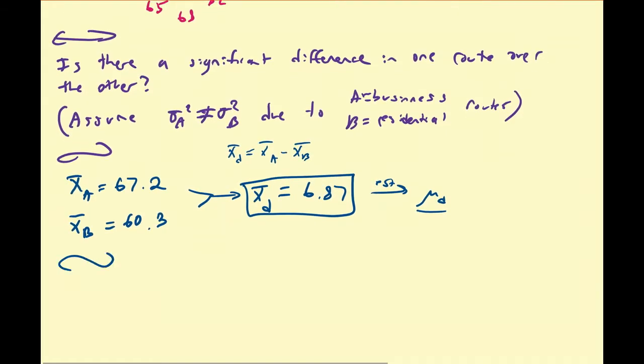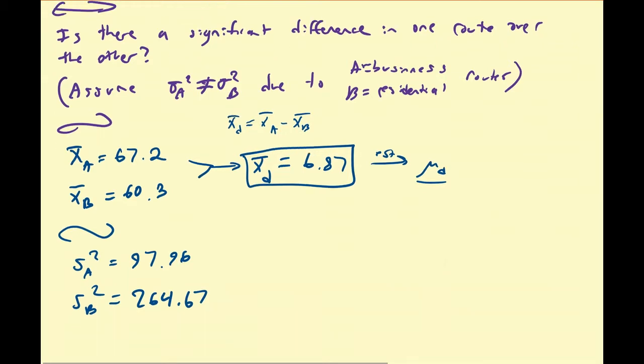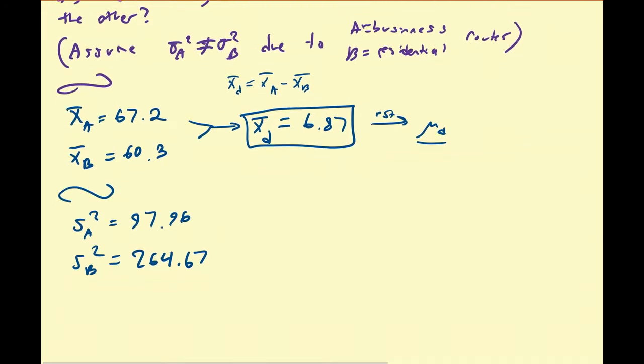All right, so also we can calculate our variances for sample A and sample B to be equal to 97.96 and 264.67. So even if we didn't make the assumption that the variances are unequal, based on these sample variances, we may be able to have the evidence from an F-test to support that.